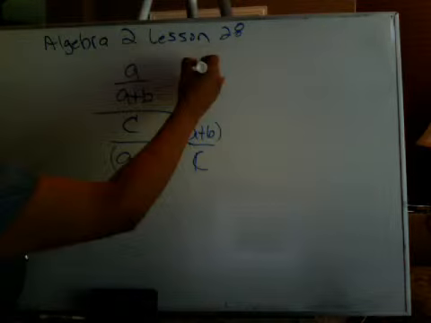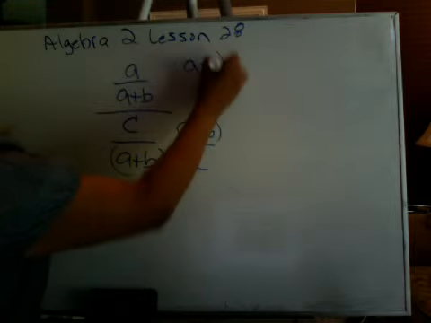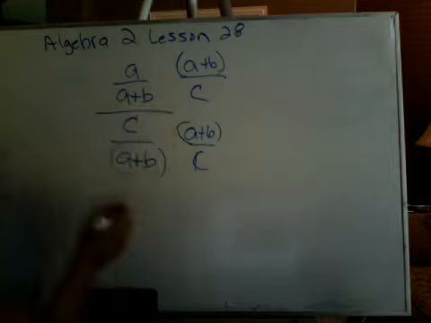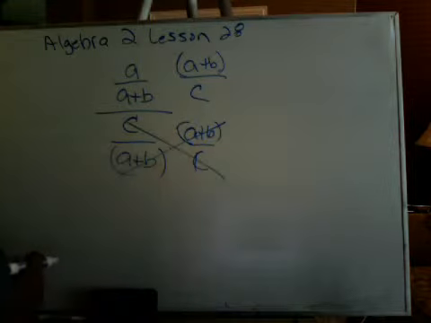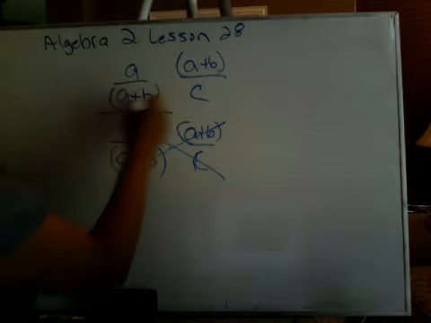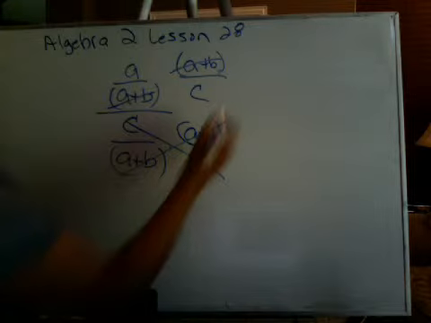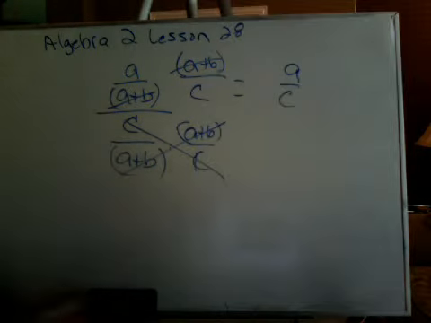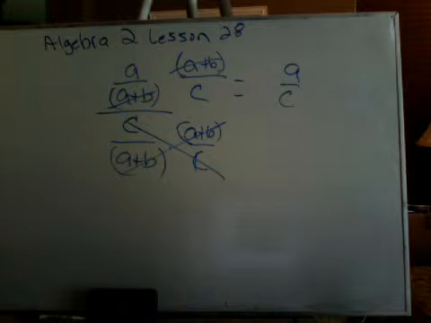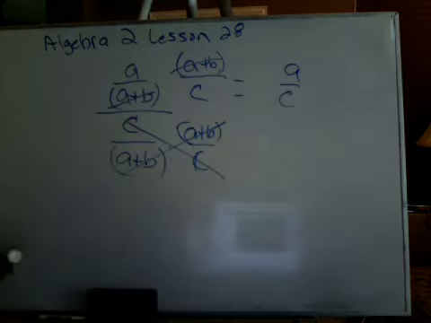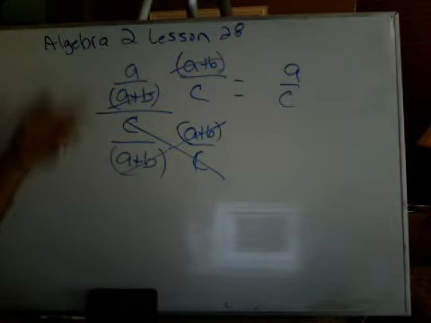And what we do to the denominator, we must also do to the numerator. So this goes away. This cancels, and you simply get A over C when you simplify it. Do you see that? That's all it is. So don't get frazzled because it's complicated stuff. It's really not. It's still just a fraction.